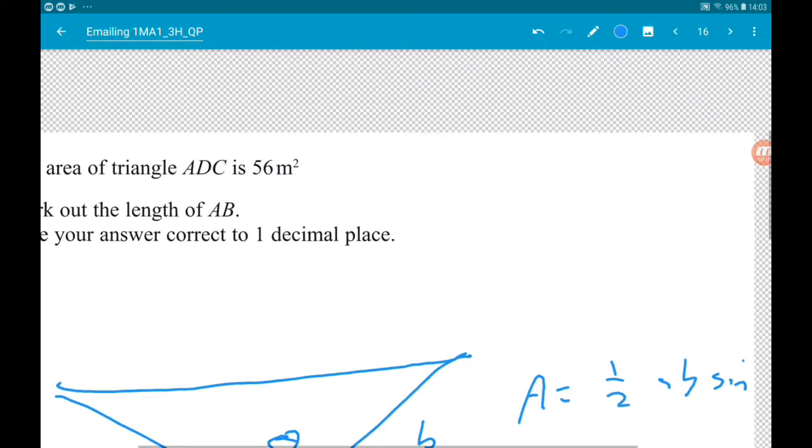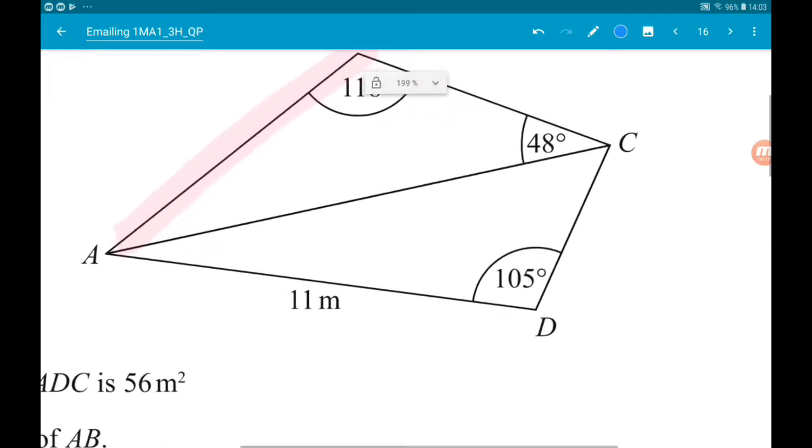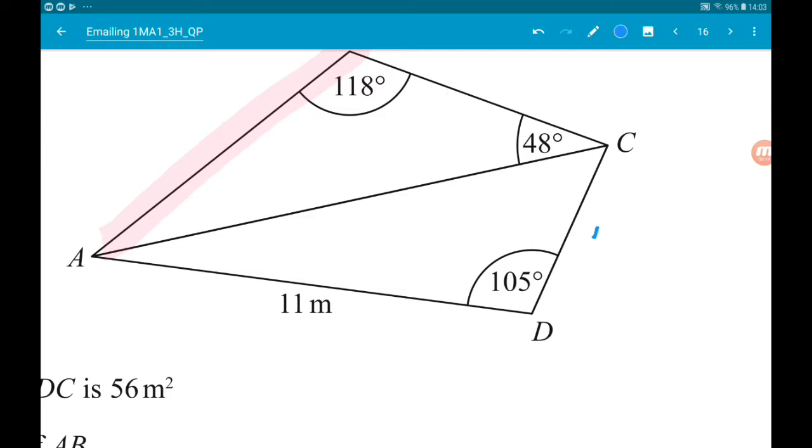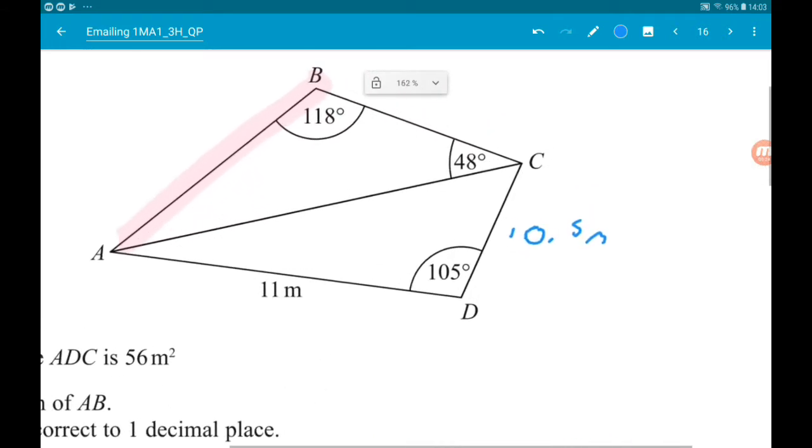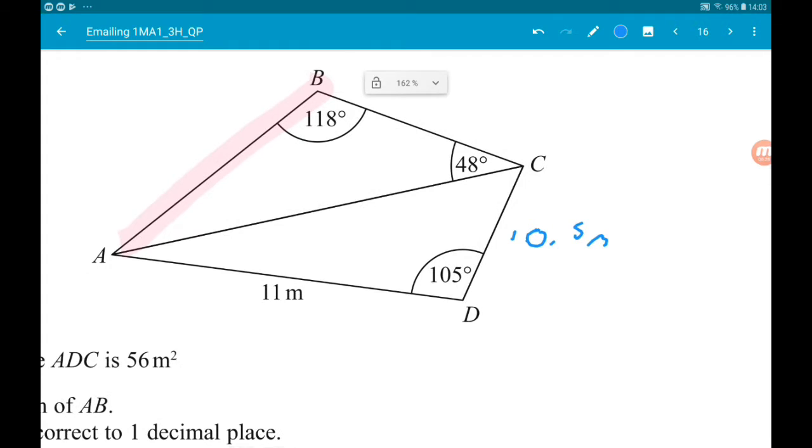So, what we now know is the length of that side. Okay, so now that we know that, we can now use the cosine rule to work out AC.